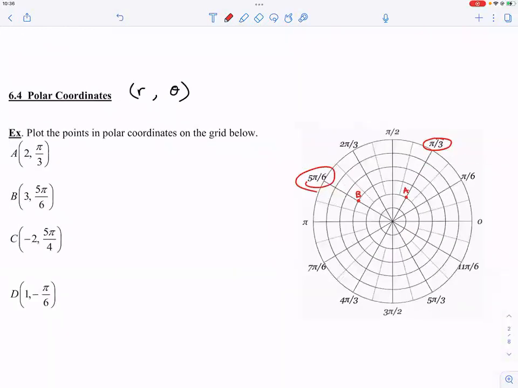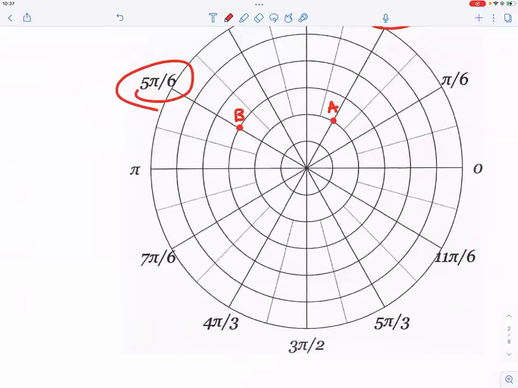All right, now part C, what direction? 5 pi over 4. It's not printed, but where's 5 pi over 4? That's 5 pi over 4. Okay. So that's the direction. But what's the radius? -2. That means you are going backward.